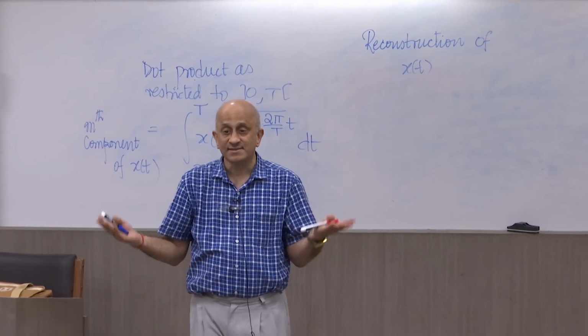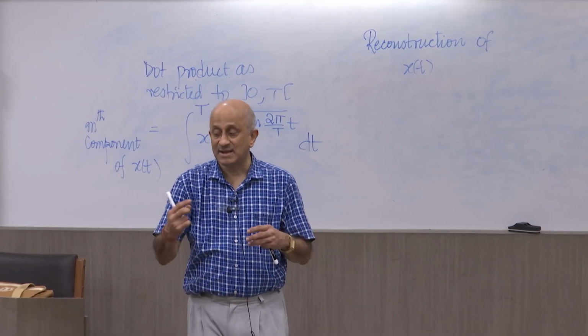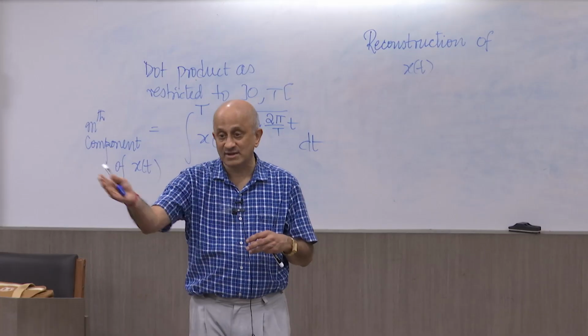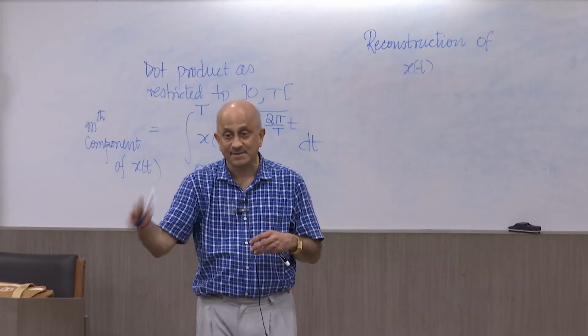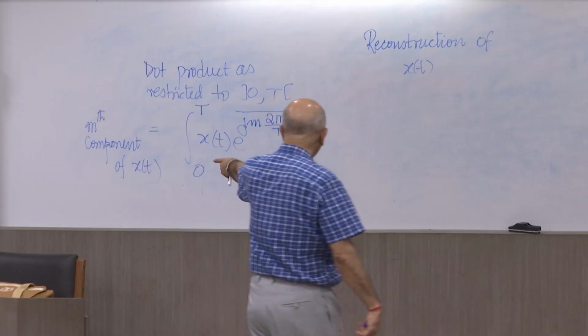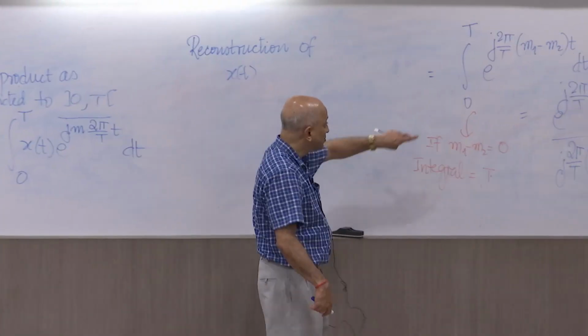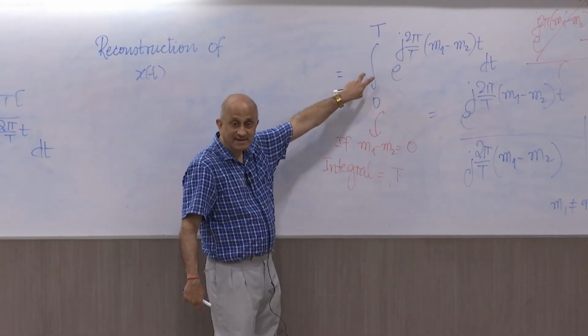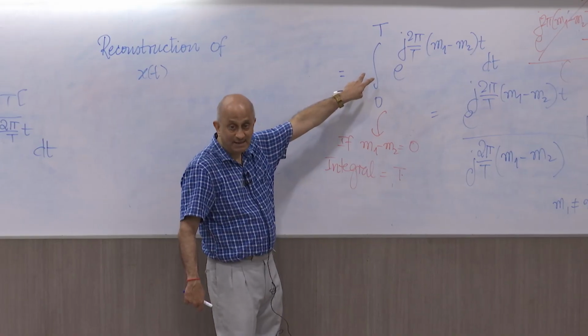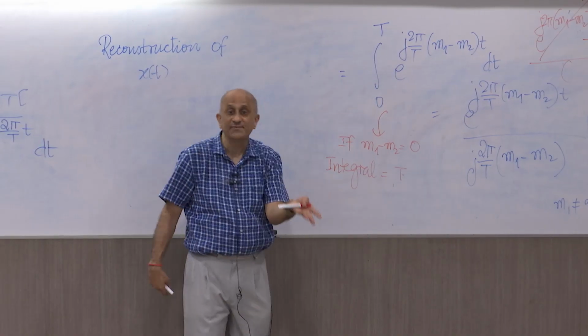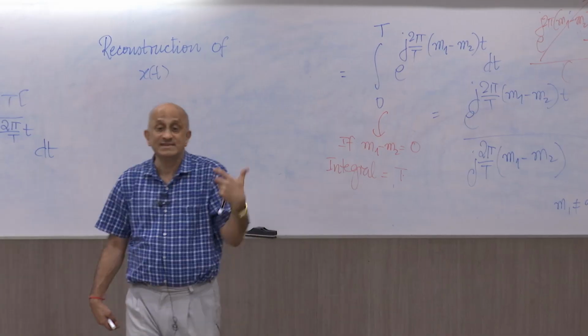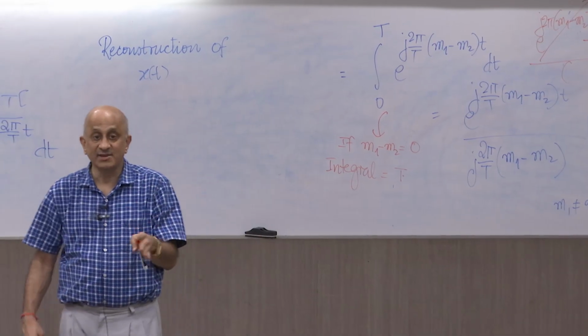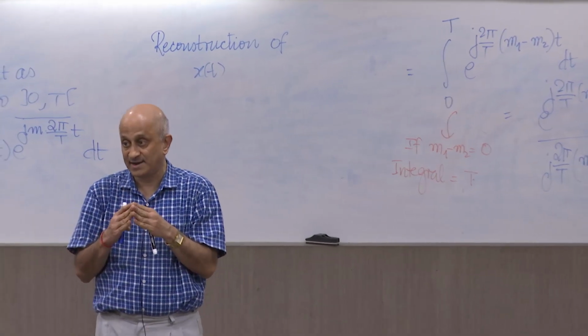How will you reconstruct the vector? It's very easy. Multiply each component by the orthogonal unit vector in each direction and add these up, right? So how would you do it here? Now remember, when m1 is equal to m2, it's the dot product of the vector with itself. That gave you T.